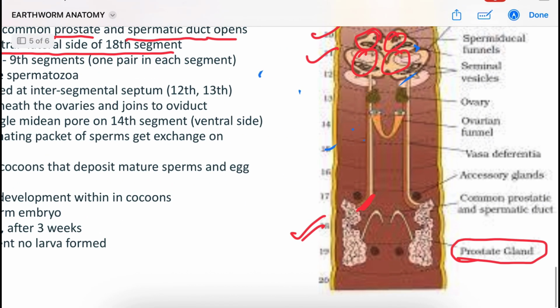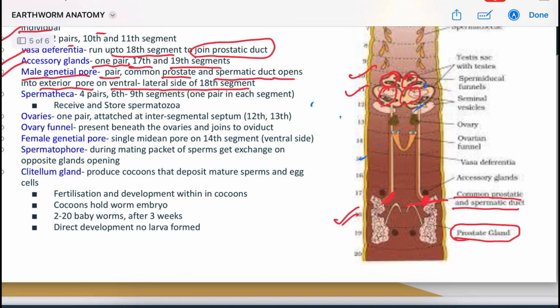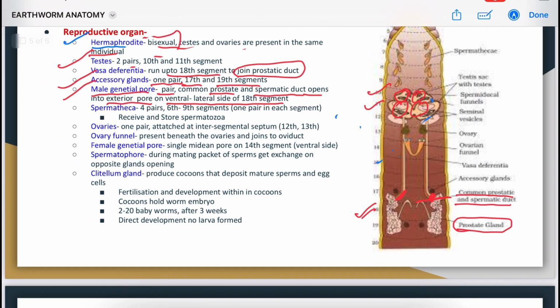It is the common prostatic and spermatic duct, present on the lateral sides, ventrolateral, on the 18th segment. There is a common duct present.